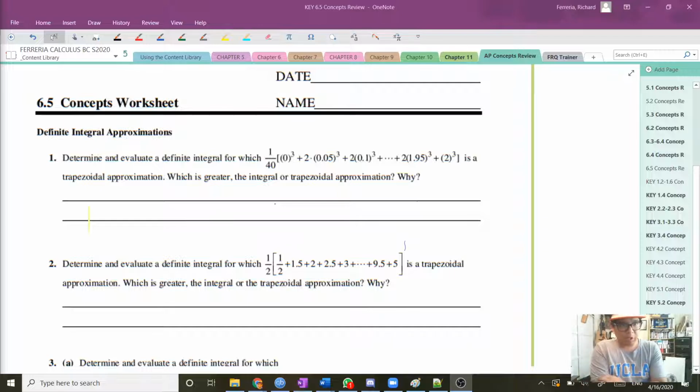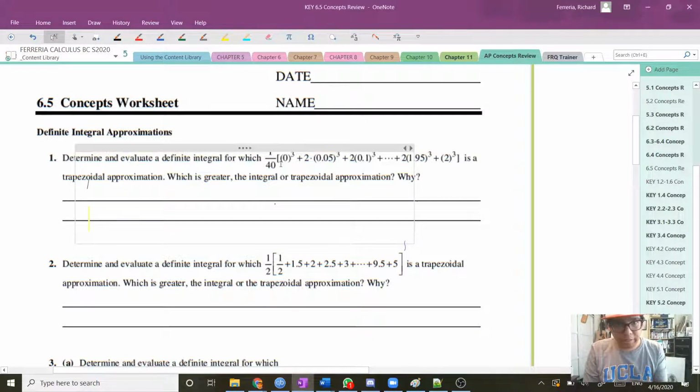So it looks like I have to determine and evaluate a definite integral for 1/40th of 0 cubed plus 2 times 0.05 cubed, etc., etc. And as I look at that, that's kind of already set up for the trapezoidal rule. Let's take a look at what I mean.